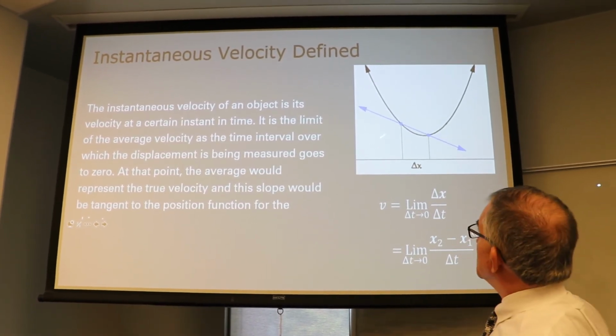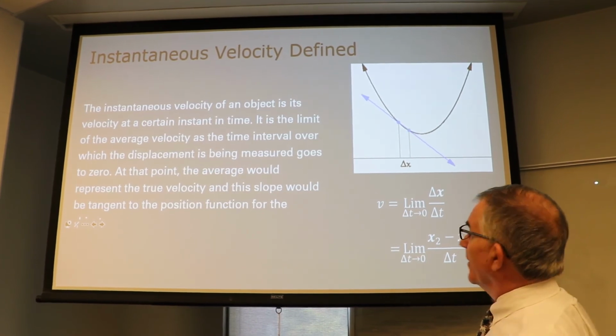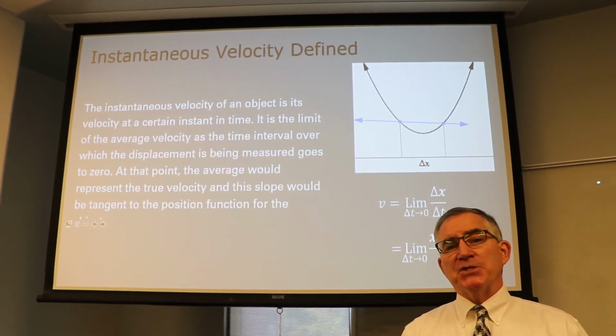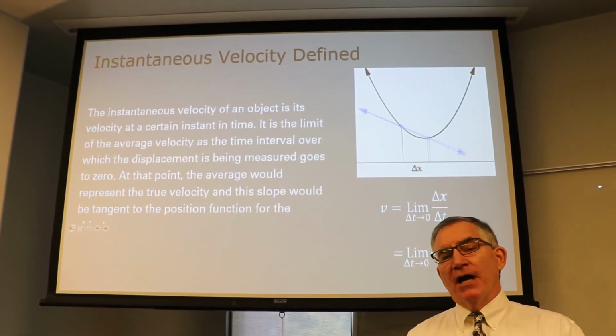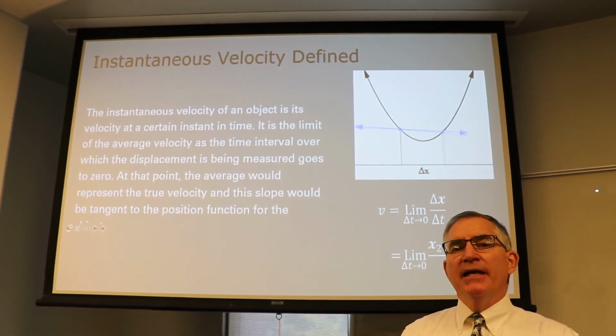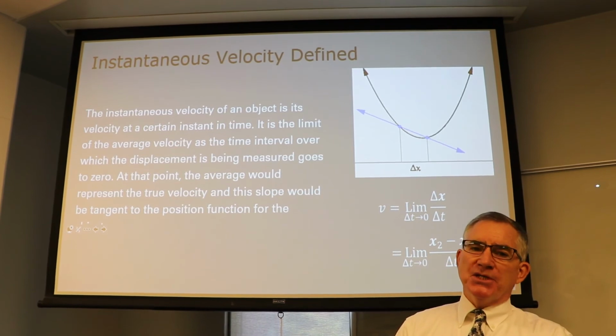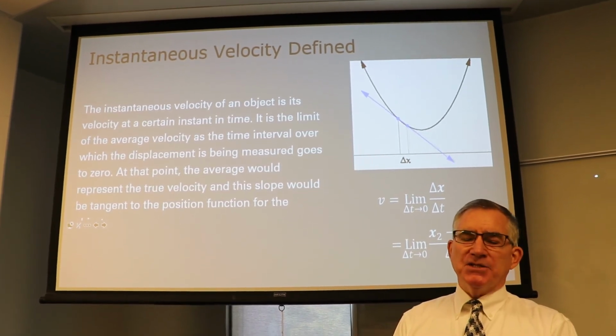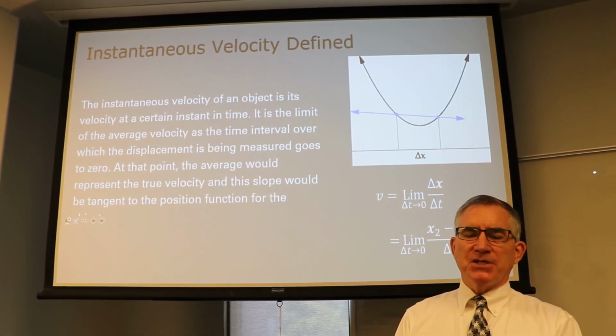Then you can see how it's tangent to the curve right there. You're actually going to plot the x versus t graph for a ball rolling down a ramp and then find the slope at that exact same spot that you measured, using the average velocity as delta t went to 0.